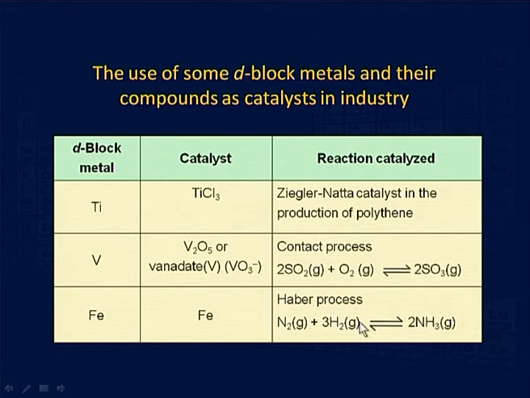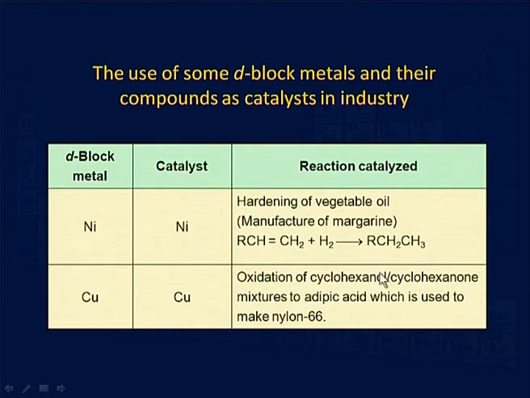Iron is also used as a famous catalyst in the good old days, as well as in today's industry. We are using iron as a catalyst in the Haber process, the conversion of nitrogen and hydrogen to give ammonia. Nickel is also a very important catalyst in the hardening of vegetable oil, which is given by this reaction.